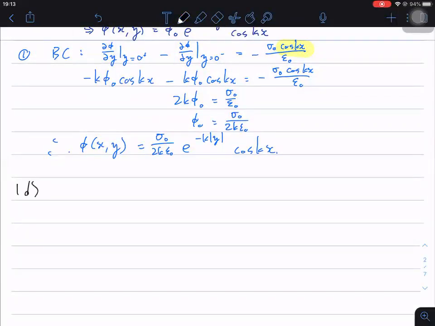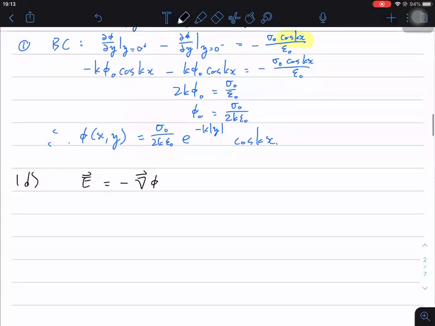For 1D, finding the E field from the potential is very easy. It's basically taking the gradient of phi and then adding the negative sign. So here I will just write down the solution, and I think you can all do the calculation yourselves.